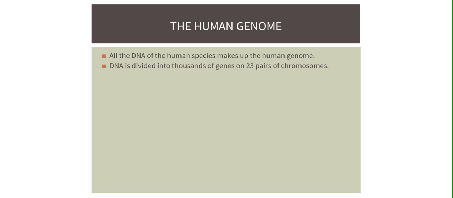All of those helical structures are found within our chromosomes, 23 pairs of chromosomes if you are a human. The human genome also includes what's known as non-coding sequences of DNA, and that just means DNA that's not responsible for coding any type of gene. And like I said, we'll get into that in more detail in later chapters, but right now, please know that DNA is responsible for making you who you are.